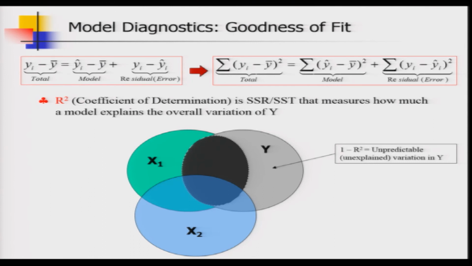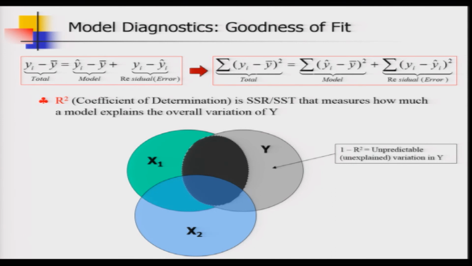Now R square, the coefficient of determination, or multiple coefficient of determination, as we are in the multiple linear regression lecture, that we have defined previously, is defined as SSR divided by SST, or 1 minus SSE divided by SST, and that measures how much a model explains the overall variation of y. So, let us quickly have a recap of this multiple coefficient of determination concept.